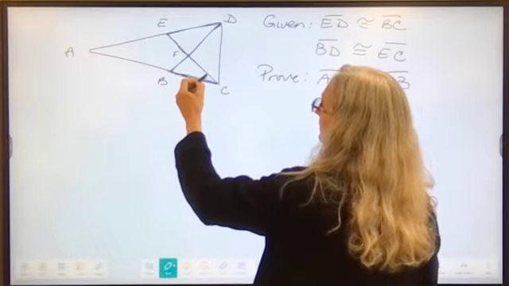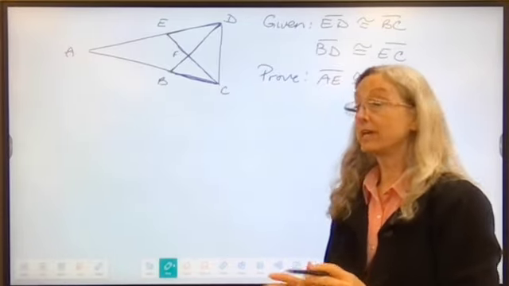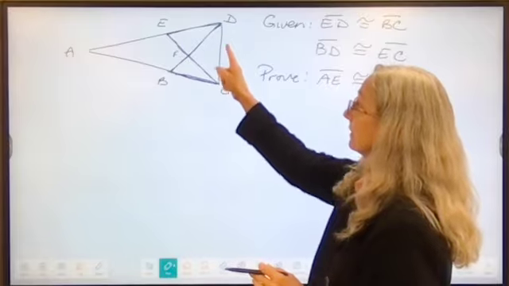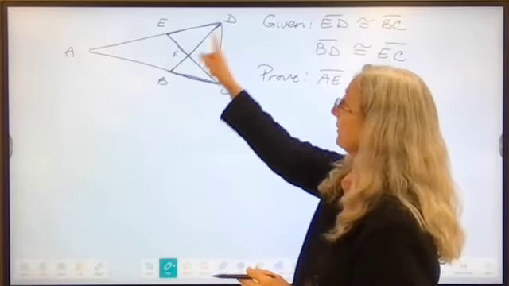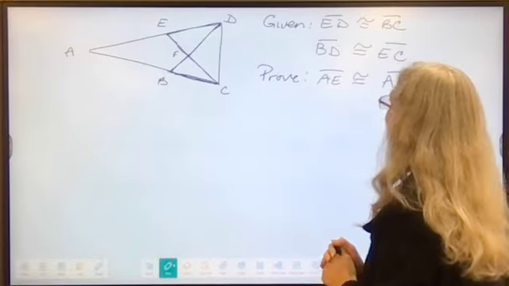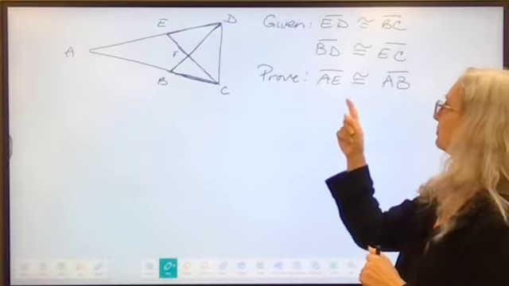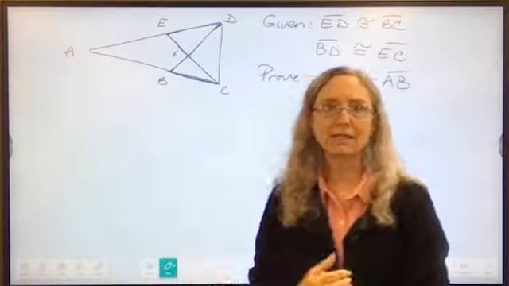That looks kind of nice because CD is in common. We can prove this triangle here and this triangle here congruent by side, side, side. Nice. Except they want us to prove AE is congruent to AB, this segment to this segment.